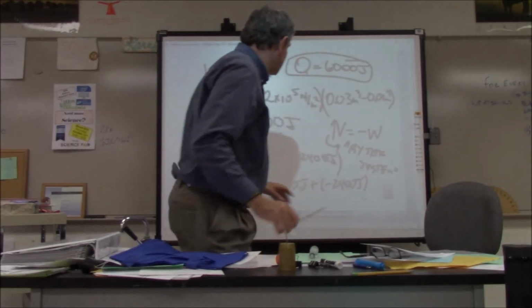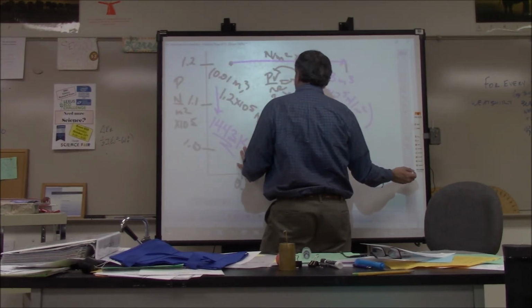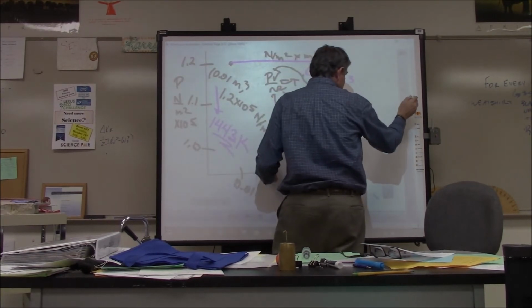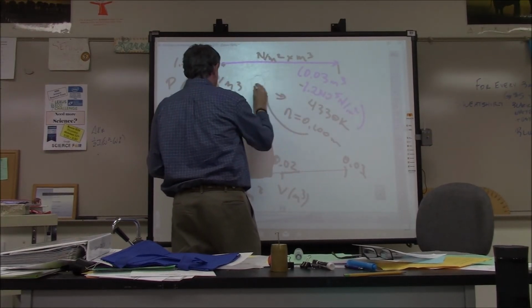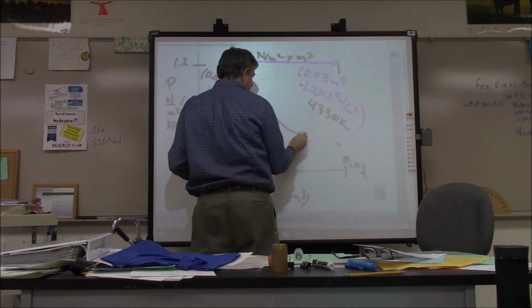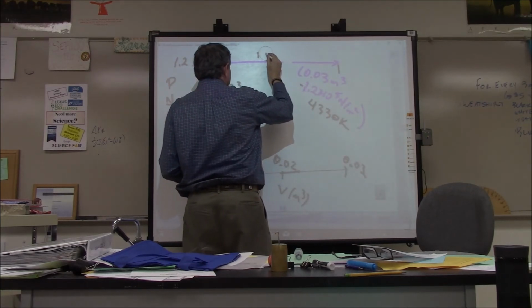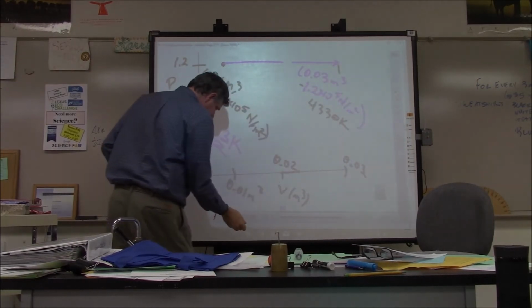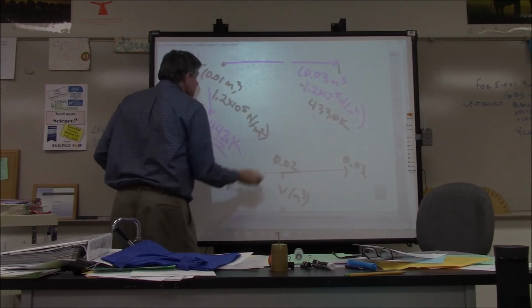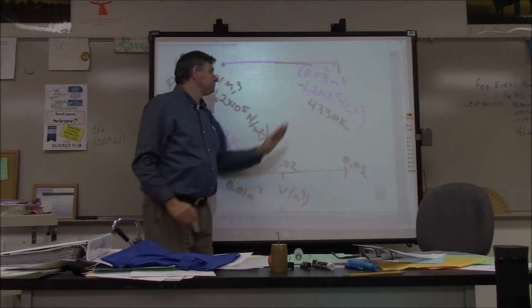Okay, so here's the deal. Let's go back here and let me erase a lot of this. Okay, so here's what we've got. Nice little summary going across here. So this is going to be isobaric, right?